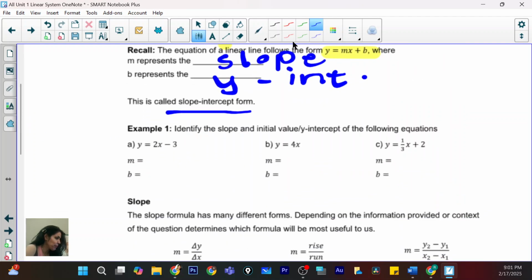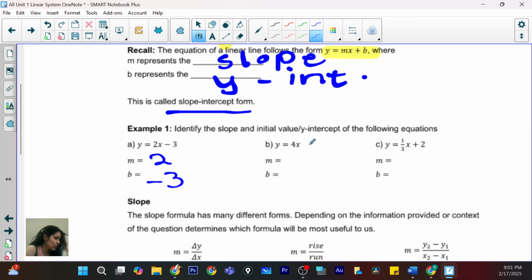Example: y equals 2x minus 3. The slope is 2 and b is negative 3.